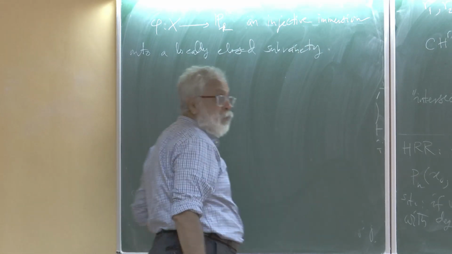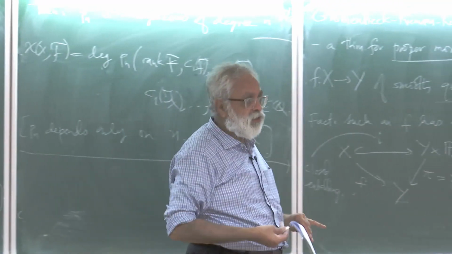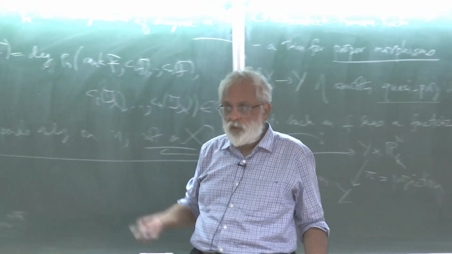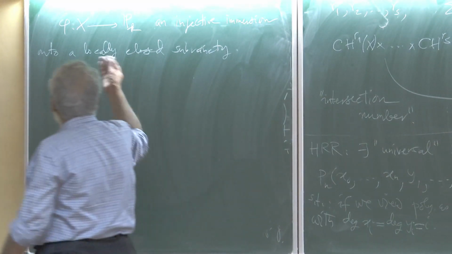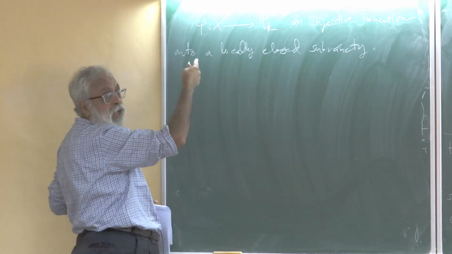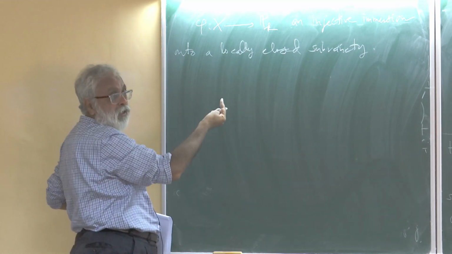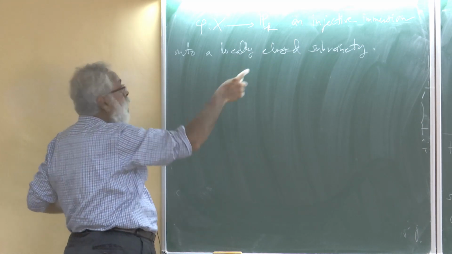After all, X is quasi-projective. What it means is there is a projective variety and an open set inside it, which is isomorphic to X. So choose one such way of writing X. Choose a projective variety with an open set in it, such that X is identified with that. Let phi be the isomorphism between X and that open set, which I can as well think of as a map with values in projective space.